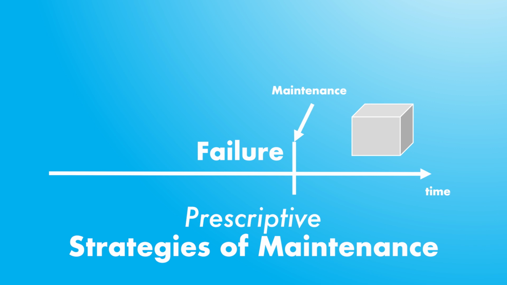Prescriptive maintenance takes us to the next level. It predicts when maintenance is required, but also provides insights into the reasons for the decisions and incorporates scheduling in the estimation process. This advanced strategy combines the best of predictive analytics and optimization.